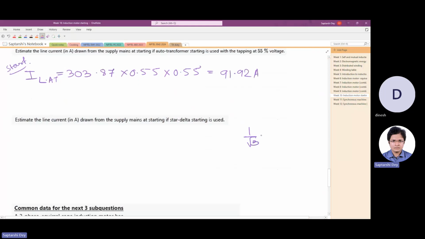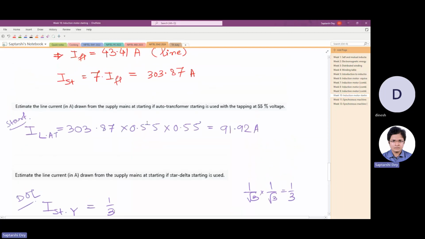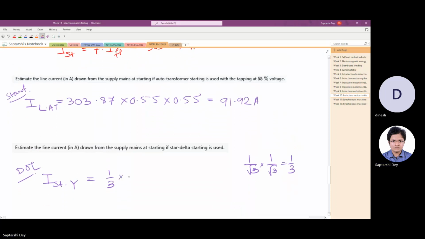Now, since in delta the line current itself is root 3 times the phase current, another 1 by root 3 comes. So it becomes one third. We have derived that. So the starting current in star connection is one third of that with DOL in delta connection. 303 times one third, 101 ampere it will be.